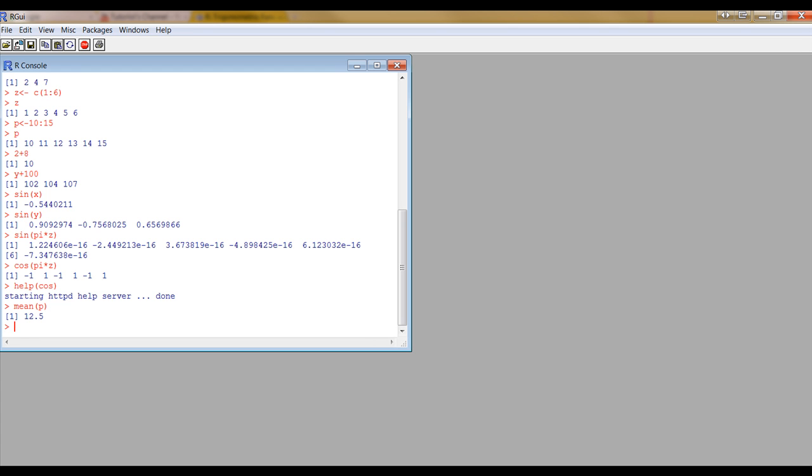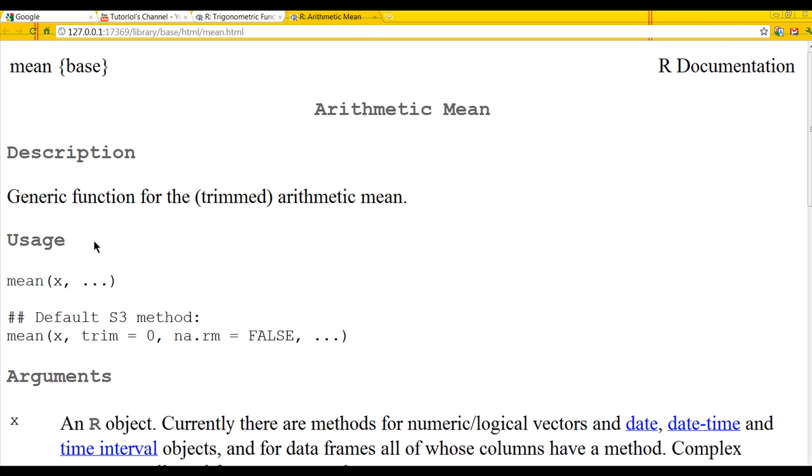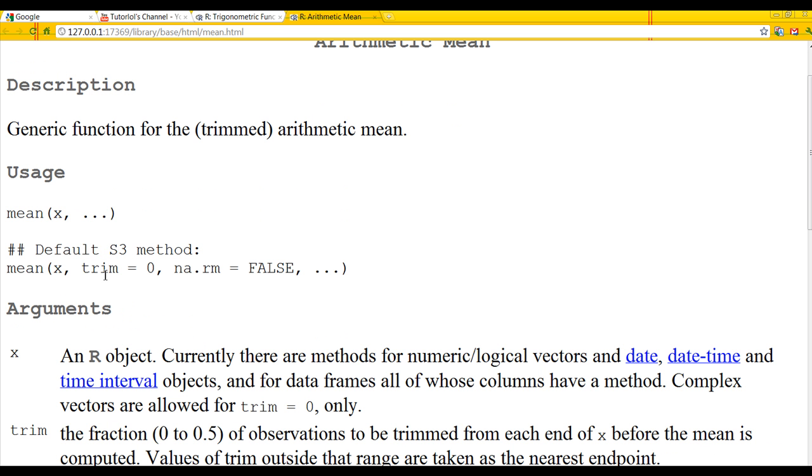We could do the help. We could do this help mean. We get this, and now this mean, we just put in a vector x. But we didn't do anything like this. I didn't say mean, I just said mean p, right? Trim equals 0, and so on.